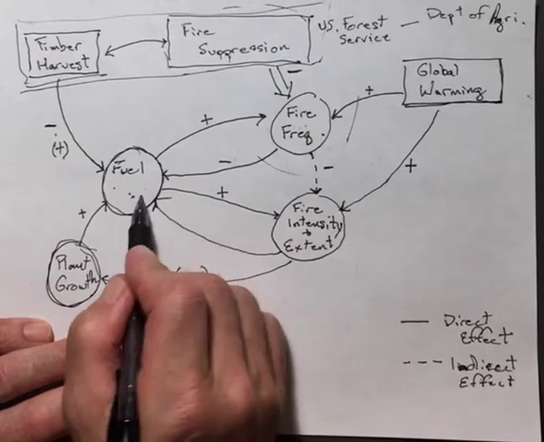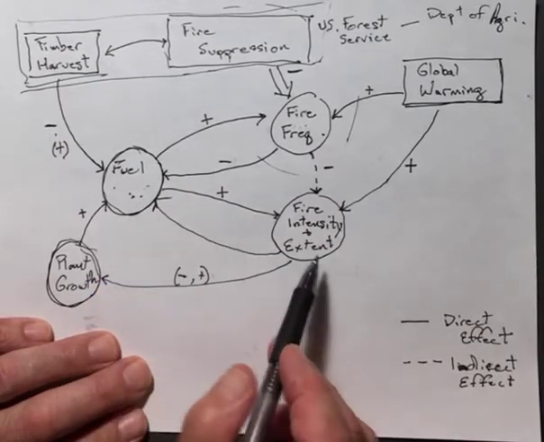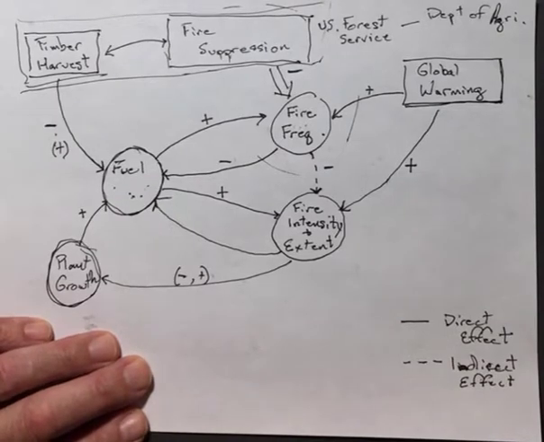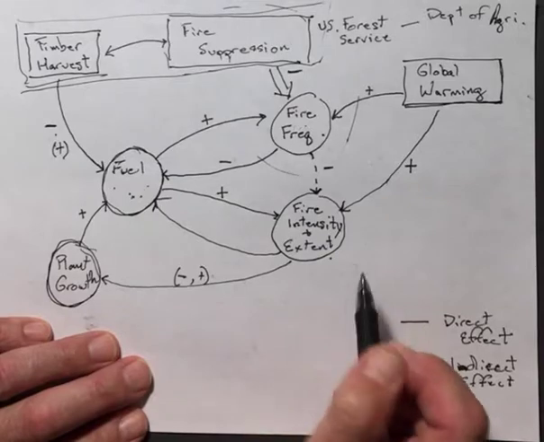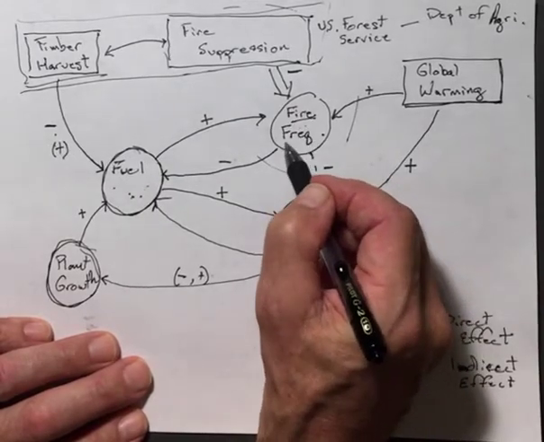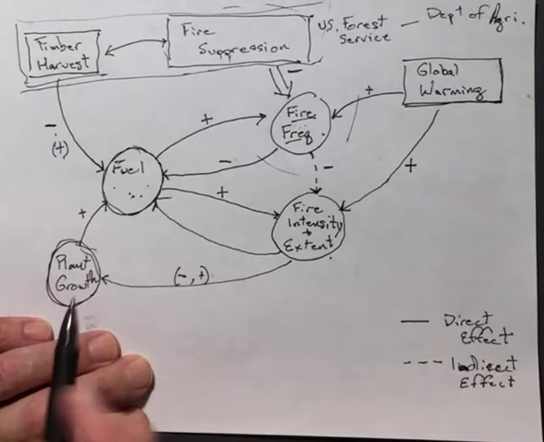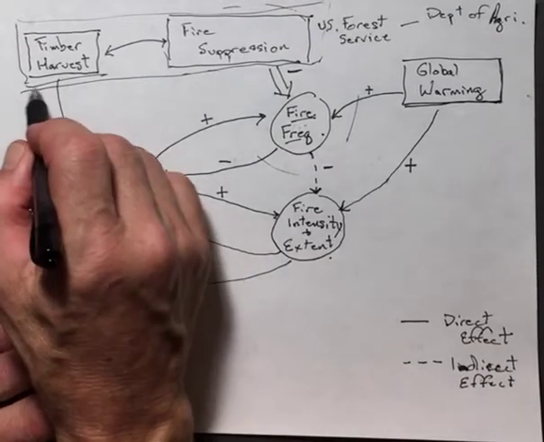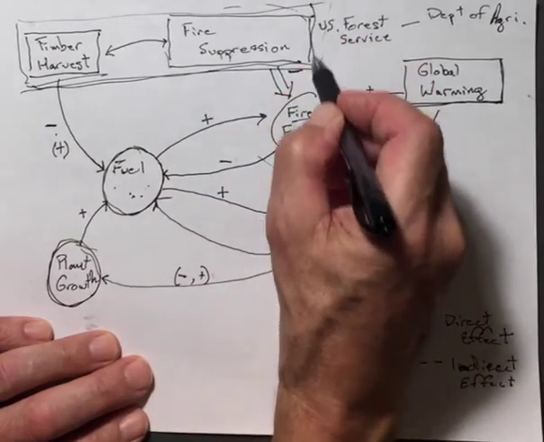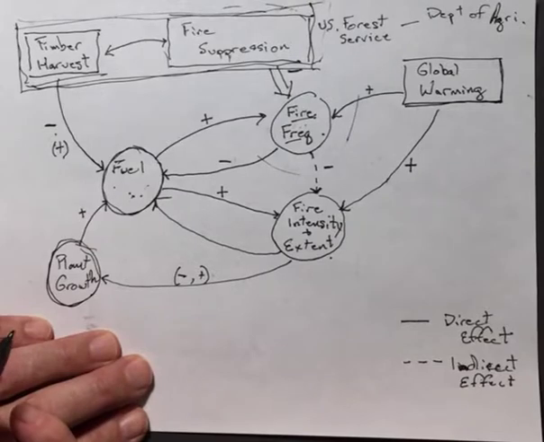When you reduce the amount of fuel, this fuel isn't making the fire as intense or as big, and so you reduce fire intensity and extent. So the idea is to have the right amount of fire on the landscape, a natural amount of fire, to prevent fires from getting out of hand. And that's what the US government has actually been in the business of doing, suppressing fires.